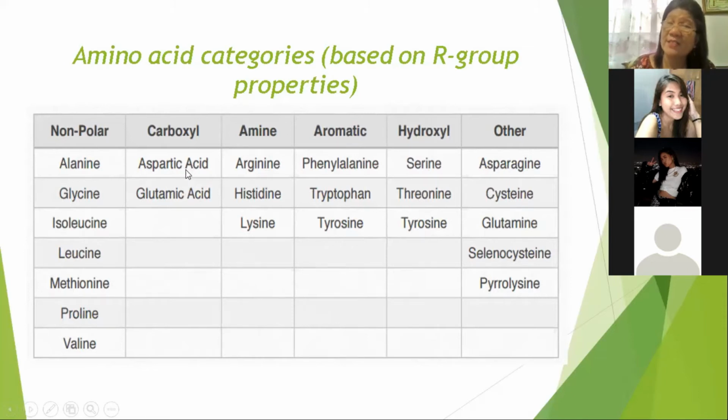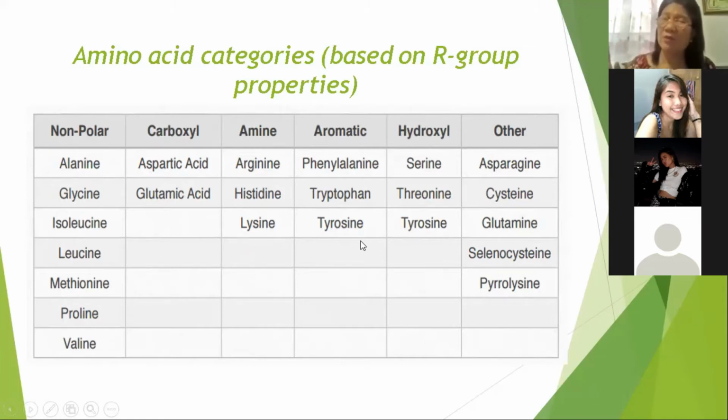So, this is aspartic and glutamic. Those with two or more carboxylic groups are aspartic and glutamic. They belong to that group. The other one, with two or more amine groups, they are the arginine, histidine, lysine.